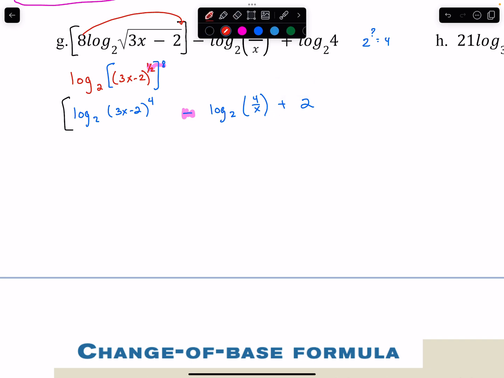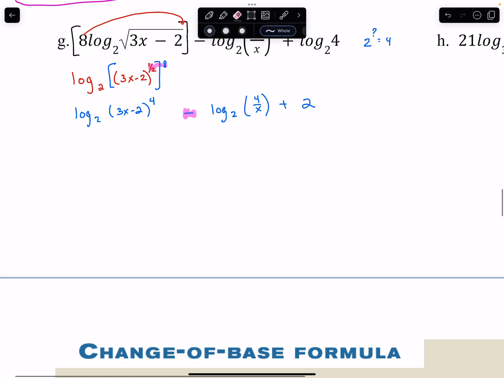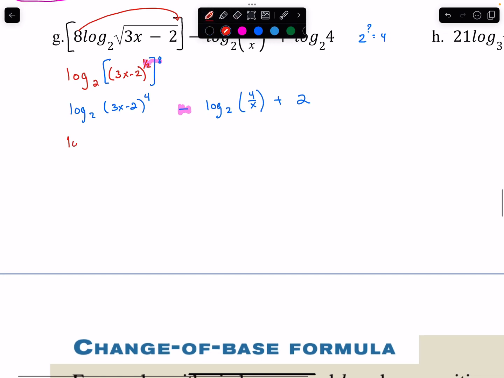All right, so this first one's good. So I got log base 2 of 3x minus 2 to the fourth minus, and then here I'm recognizing what I'm hoping you guys can recognize, the 2 and a 4 here. If this was just log base 2 of 4, then you're going to get an answer.